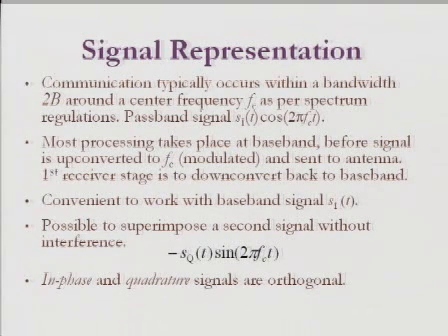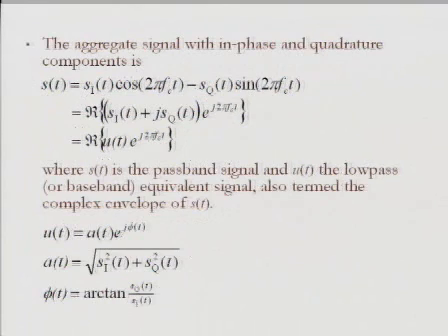So we went over the conversion between signals in the passband domain and in the low-pass domain. Remember, we call S of t the passband signal and U of t the low-pass or baseband signal. And the conversion is this operation.